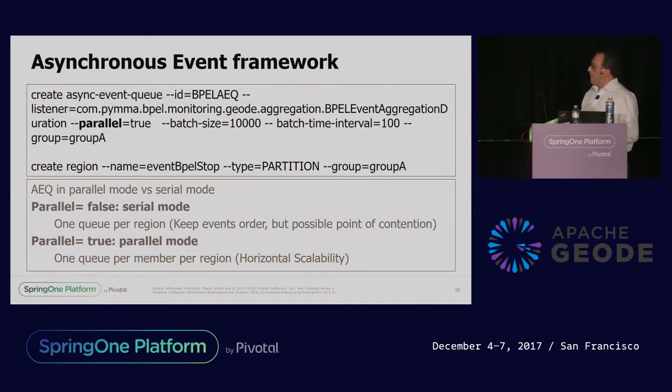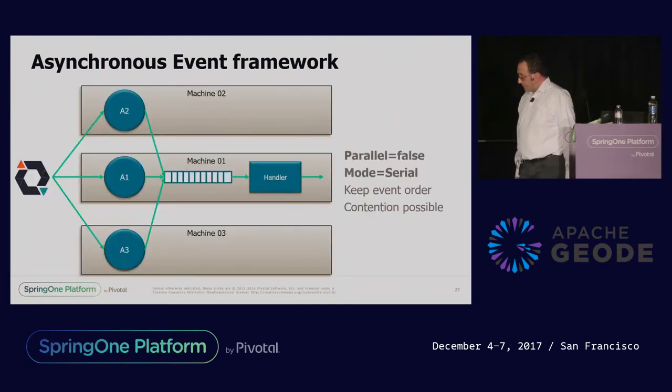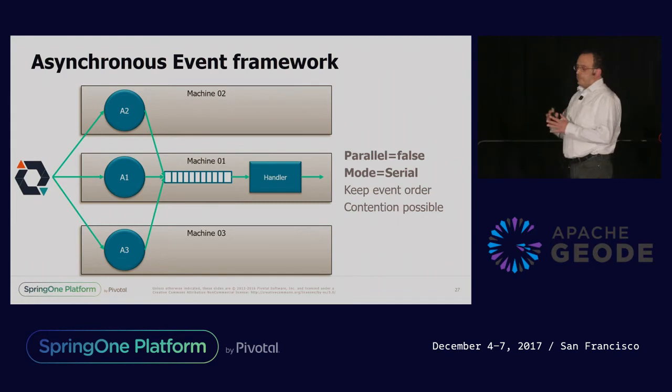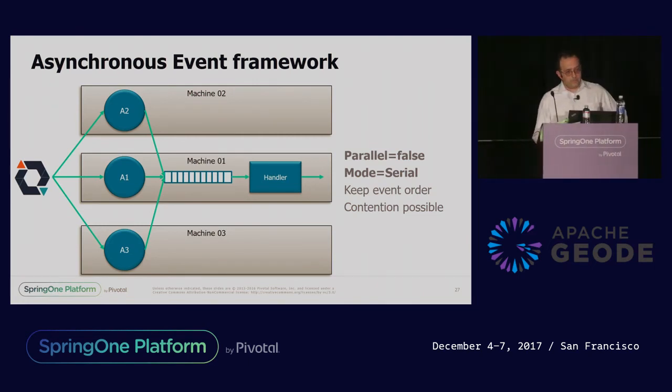For the parallel parameter, you have true or false. Let's say false. Parallel false means we are in a serial mode. This means that if you have a partitioned region here, and you put one region per machine, one and only one queue will be created in your system. It is made to keep the event order.